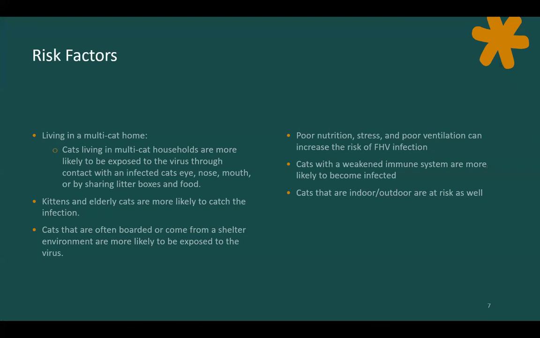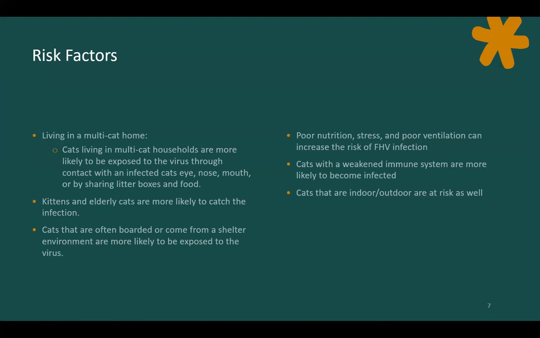So, risk factors of getting feline rhinotracheitis include living in a multi-cat home. If you have more than 2 cats, you have a higher risk of exposure. Cats living in multi-cat households are more likely to be exposed to the virus through contact with infected eyes, nose, mouth, or sharing litter boxes and food.